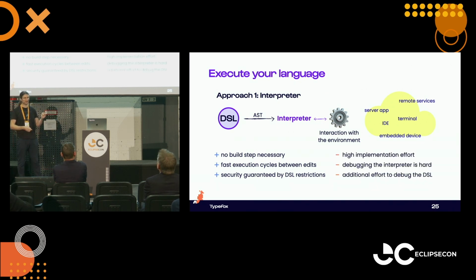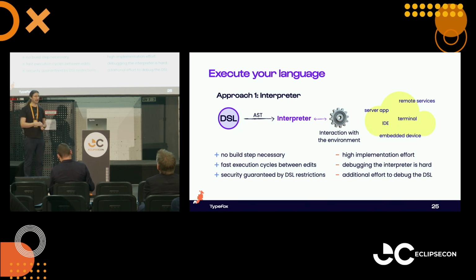On the downside, the implementation effort is relatively high for this, depending on the complexity of the semantics, but it is still relatively high. It's relatively hard to debug the interpreter because you're working on a high level of abstraction. So the debugger is looking at an instance of the model, and you have to debug through the interpreter code.